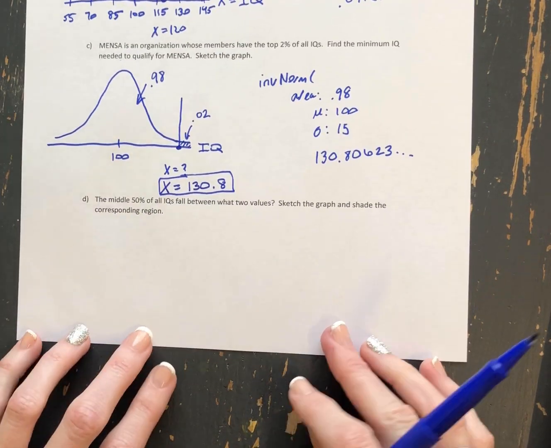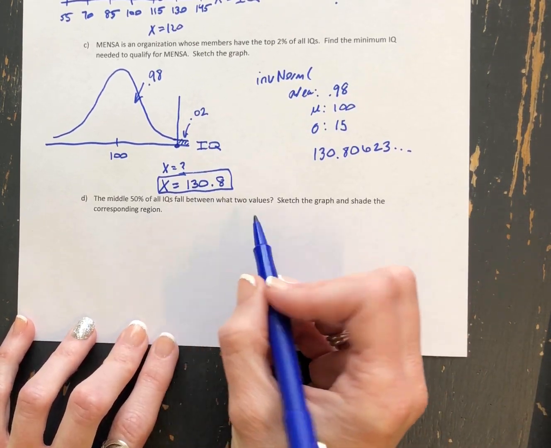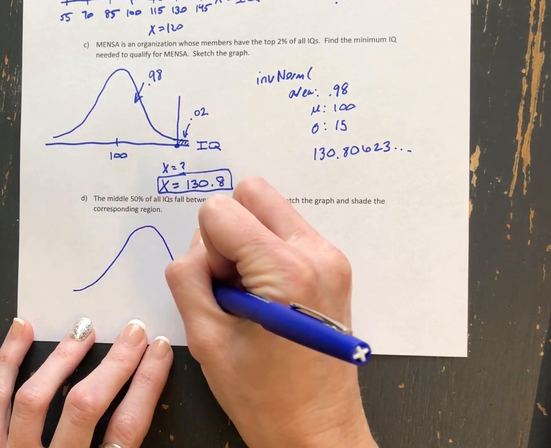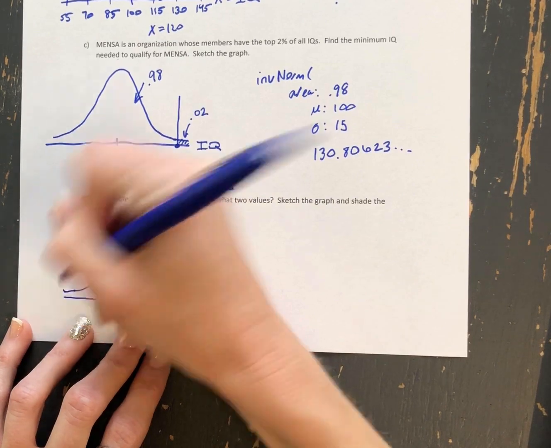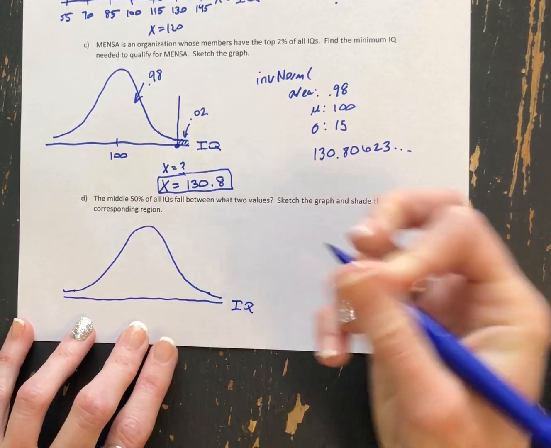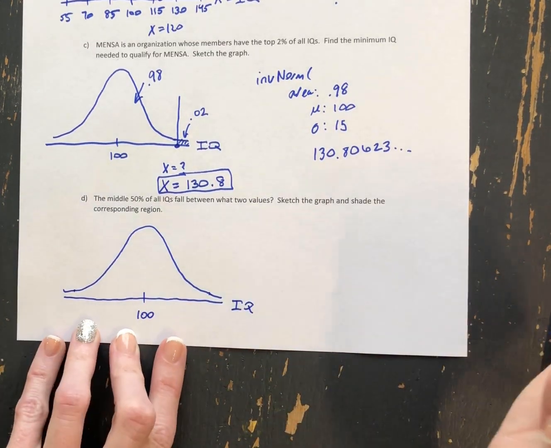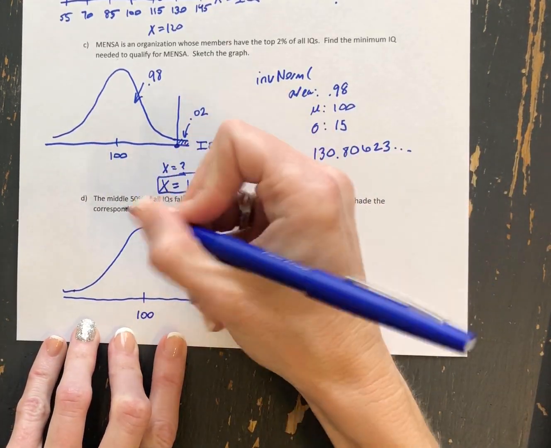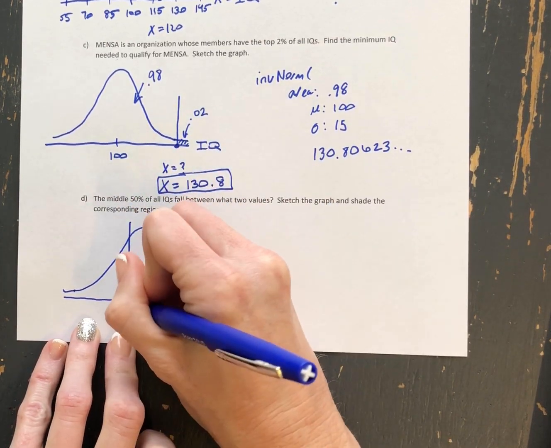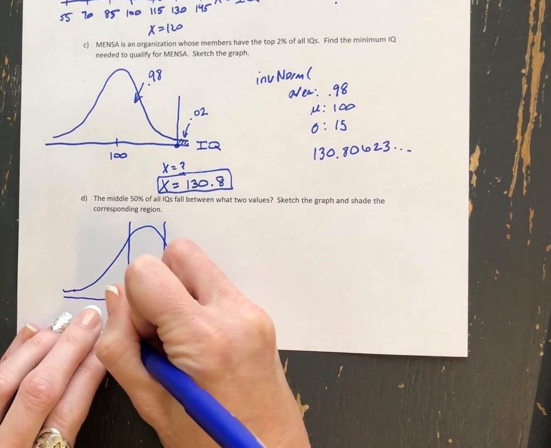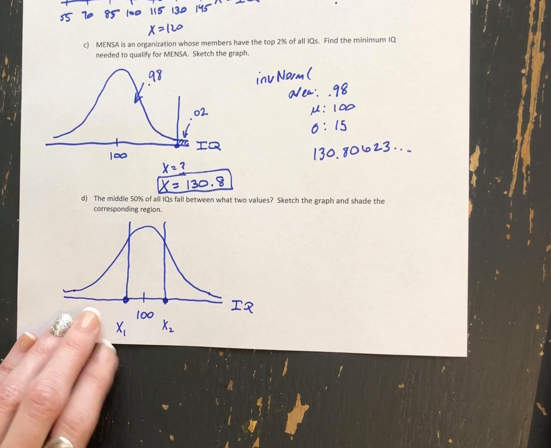The last one here says the middle 50% of all IQs fall between what two values? So we're still looking at IQ. We still know that it's centered at 100. This time I want to find the two values, and again, I'm just going to call them for now x1 and x2.